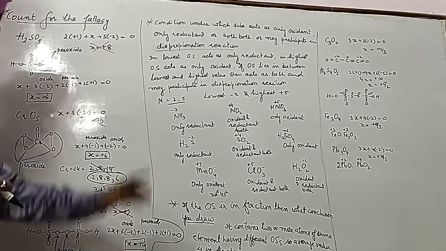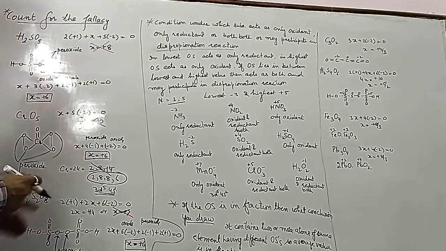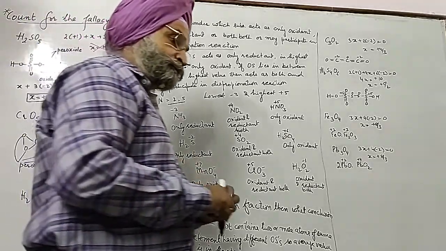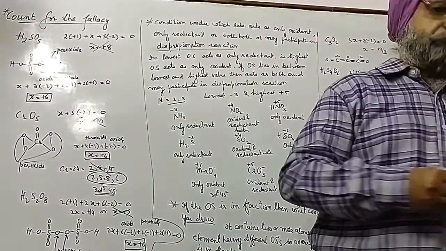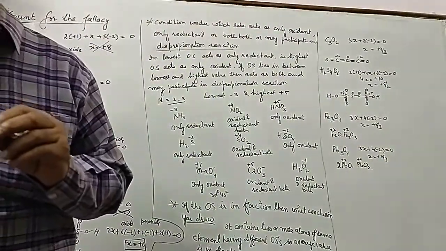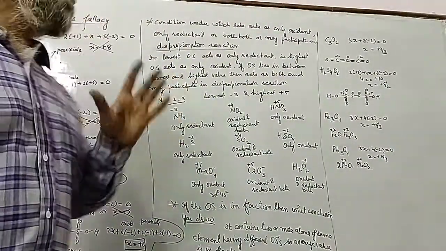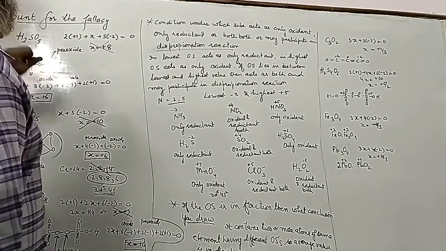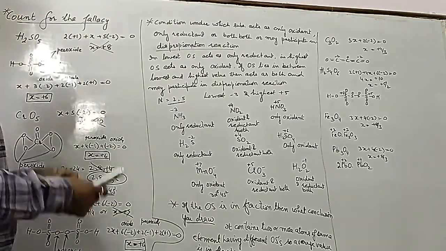Now it comes out to plus 6. So in this way we can find the mistake, and in questions the term used is to account for the fallacy in these compounds.